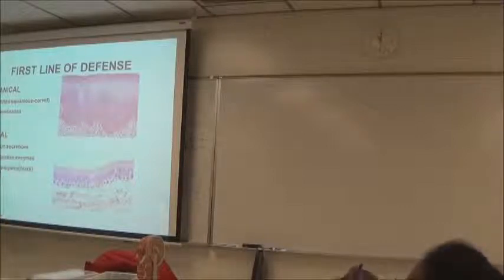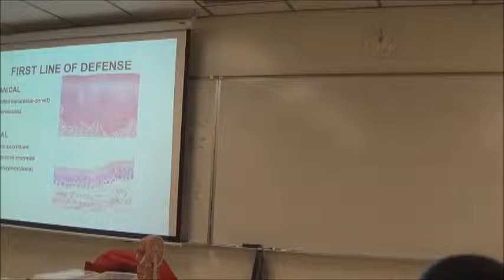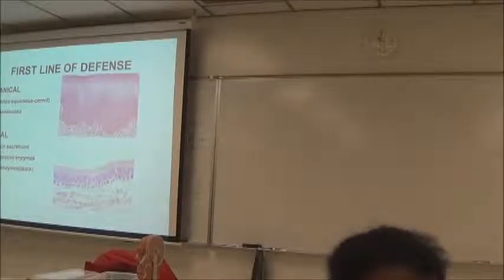So that's what I mean by a mechanical barrier. In the small intestine, it would be the simple columnar epithelia that would form that mechanical barrier. In addition, we reinforce that mechanical barrier, and here I included as part of the first line, some textbooks make that the second line, but to me it's still the first line. You still have to get through all of this, which is the environment.